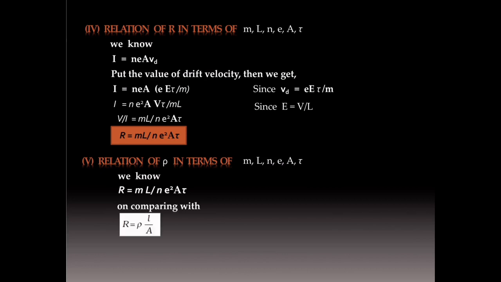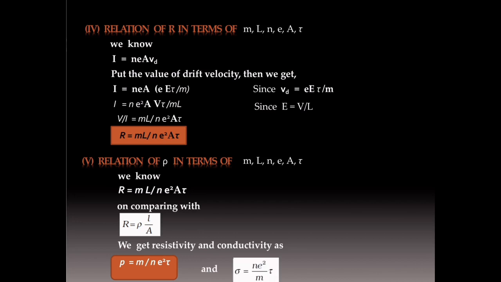If we compare this relation with rho L by A, then we will get resistivity is equal to m by n e square tau. So that shows resistivity is independent of length and area of cross section. Very important result. And conductivity is the reverse of resistivity, so we will get n e square tau by m.